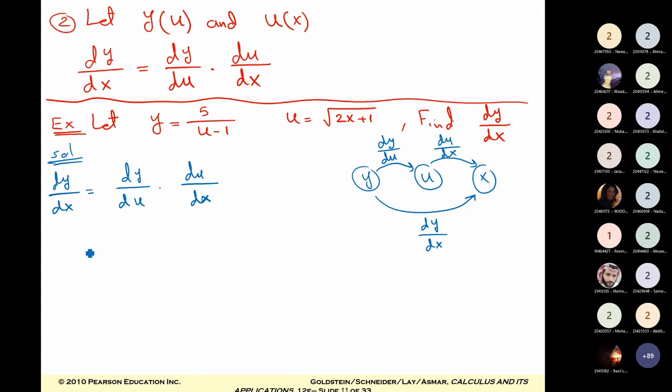What's the derivative dy over du? This is a fraction and we have a constant in the numerator.